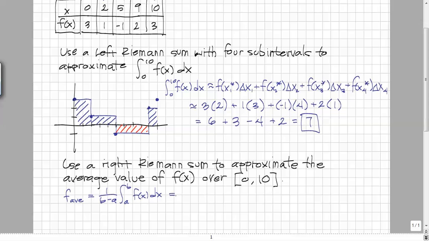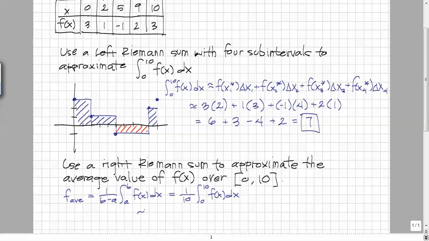And in the case of our function that's defined over the interval from 0 to 10, we get 1 over 10 times the integral from 0 to 10 of f of x dx, which we'll need to approximate by a right Riemann sum.